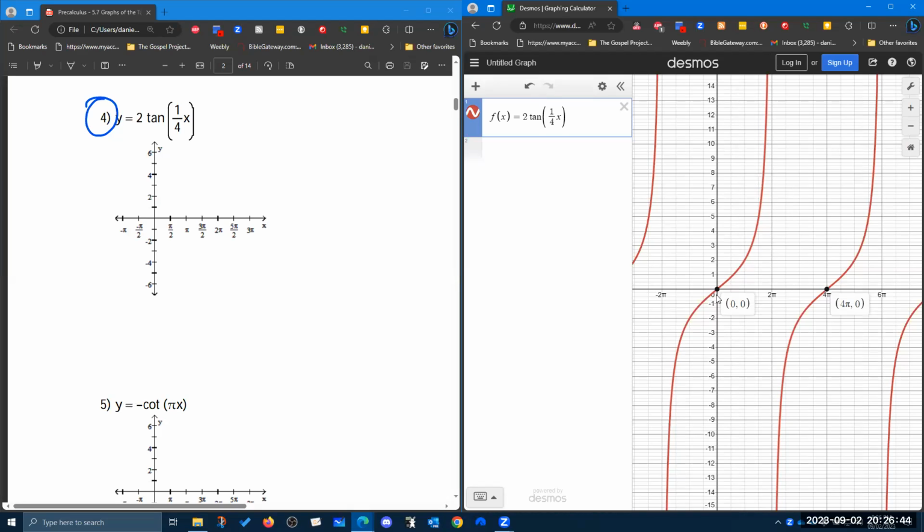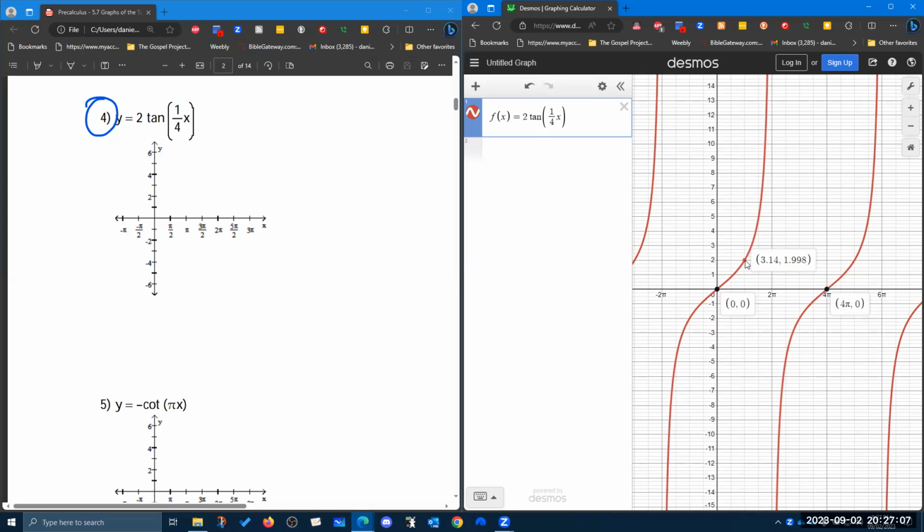My asymptotes are now halfway between 0 and 4 pi at 2 pi, negative 2 pi, and so on. My characteristic point that had the value of this multiplier here is halfway between that. So at pi, there's a value of 2 right there. So that's at 3.14.